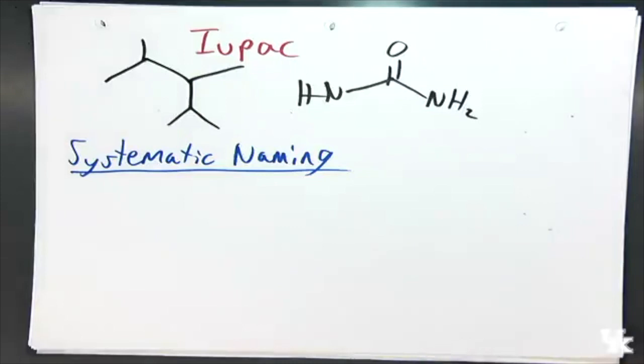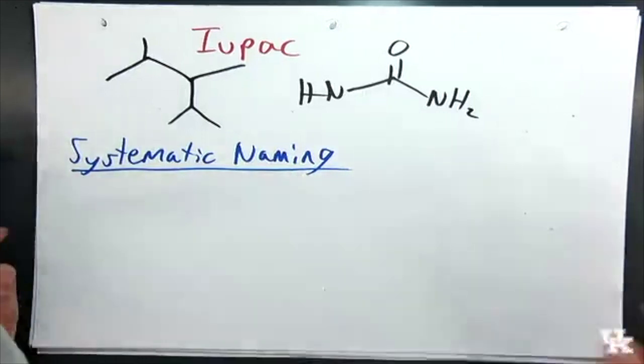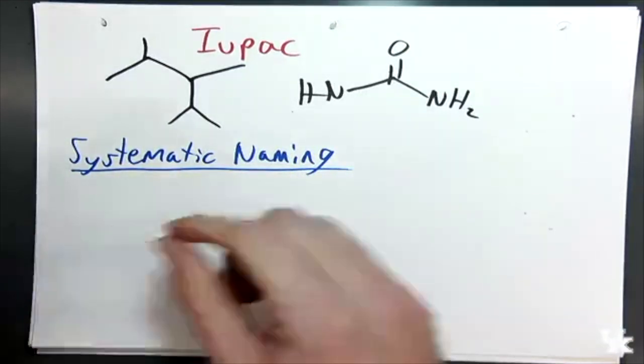So it's all fine and good to say, oh, we have a system that's in place. It works. You can now name any chemical. But the question is, for you guys, since you'll be tested on this in a few weeks, how do you name any chemical? Like, for instance, let's say I gave you something, or you saw something drawn on a piece of paper, and that thing looked like this.